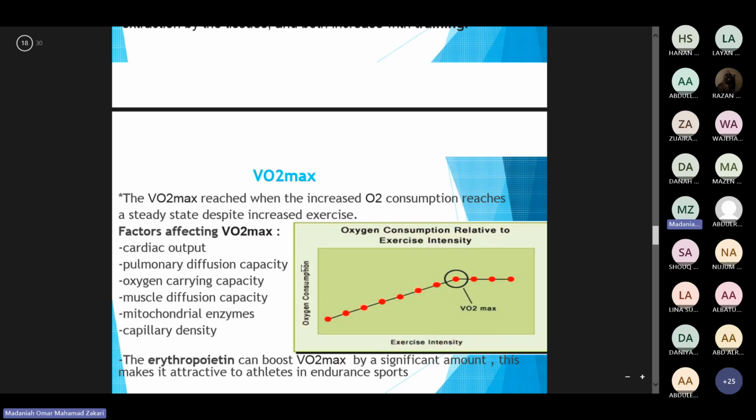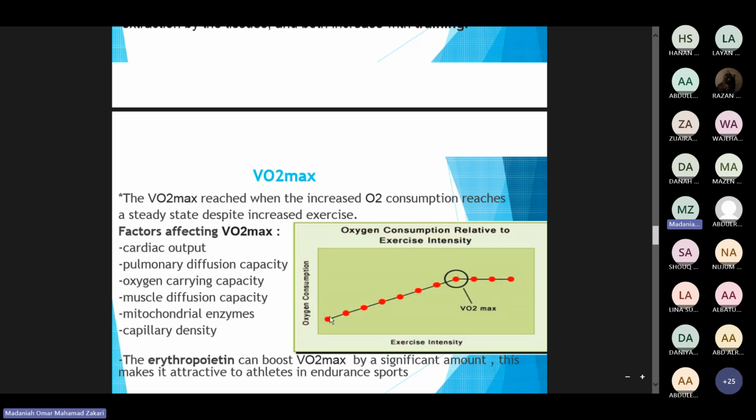VO2 max is reached when the increased oxygen consumption reaches a steady state despite increased exercise. This is good. What does that mean? While you are doing exercise, as you see here in this curve, we have oxygen consumption on the y-axis and exercise intensity on the x-axis.